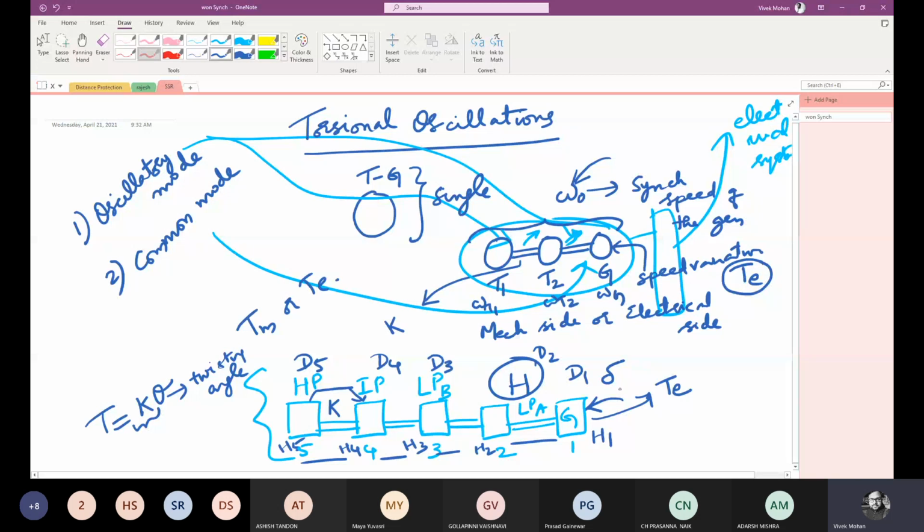So if that is del, when will this del be changed? Whenever there is a change in the difference between Tm and Te, that may cause Ta or Td, which is accelerating torque or decelerating torque. Because of this, del can change. So with respect to del, we are trying to measure the angular displacement of all these masses.